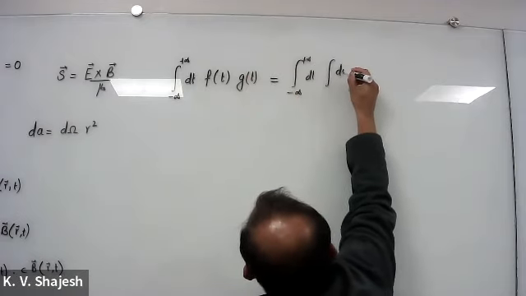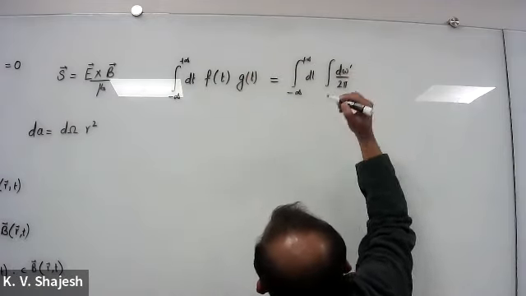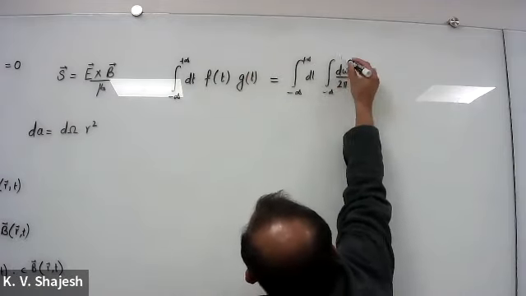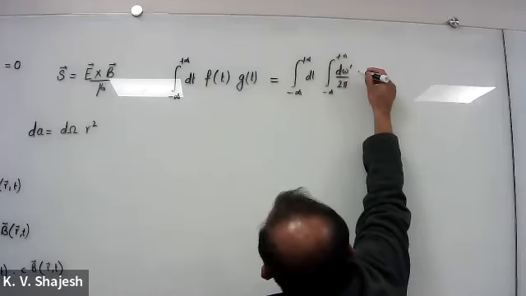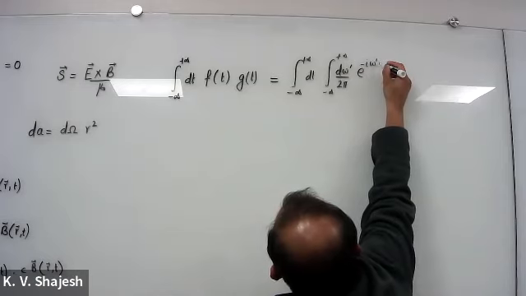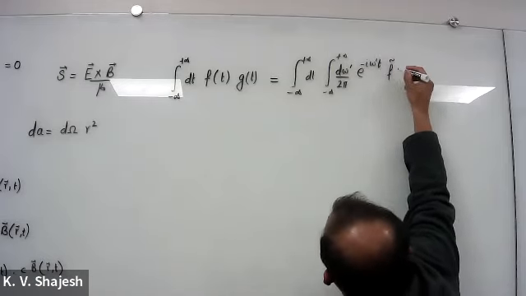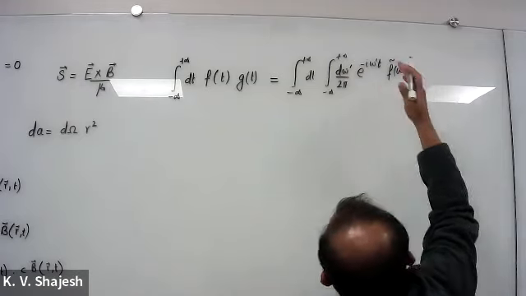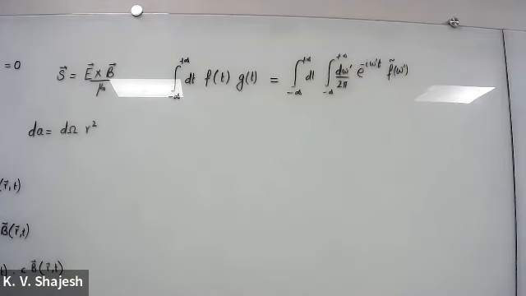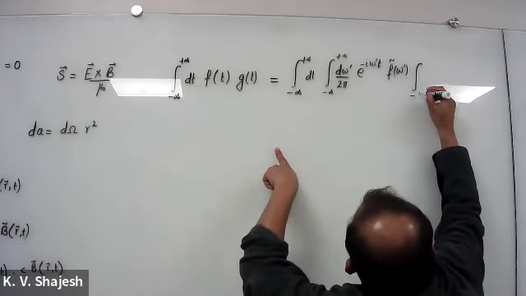Fourier transform the first one, so it's the integral d omega prime over 2 pi, e to the minus i omega prime t, times f tilde of omega prime. I have not been writing that tilde, but here just temporarily. That's the first Fourier transform.